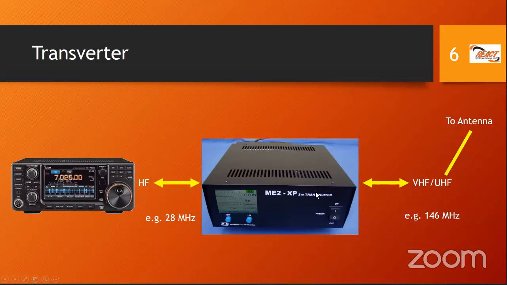So that's the purpose of a transverter, and that's how it's connected to your radio. Now just bear in mind that this radio is an HF radio only. Nowadays, you can get combination radios that do HF, VHF, and UHF all in one. But the point is, if you have an HF radio only and you want to do VHF or UHF or some other band with that same radio, you employ the use of a transverter.